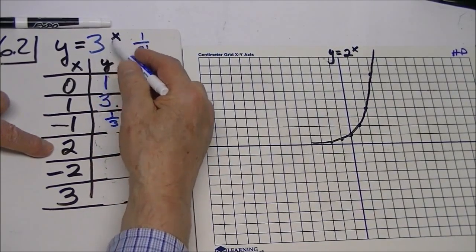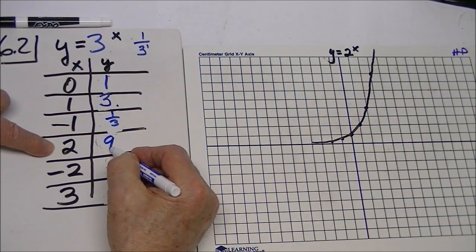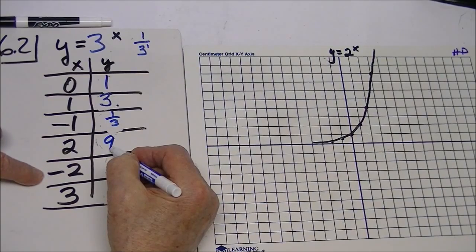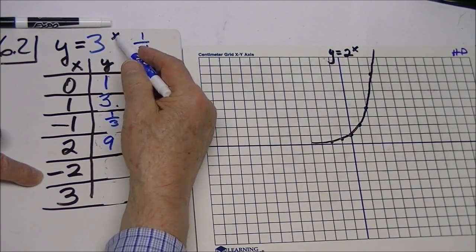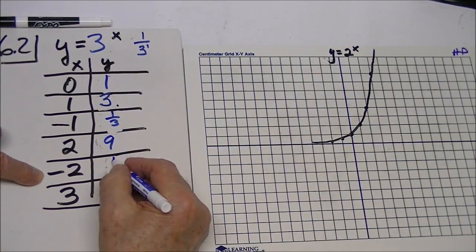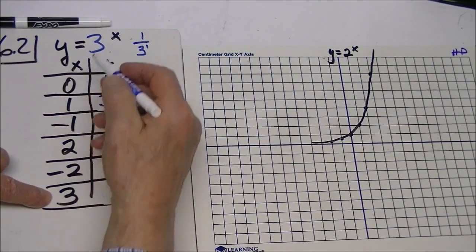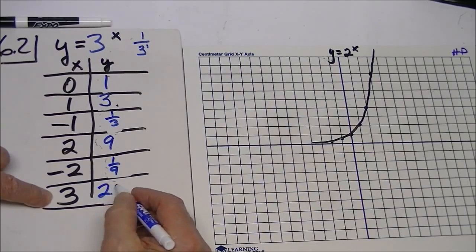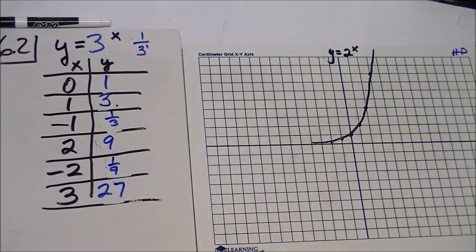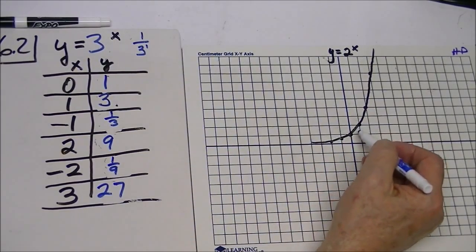Now, 3 to the second power is 9. And 3 to the negative 2 power is its reciprocal, 1/9. And 3 to the third is 27. So this is way off of our graph. But we may see a trend as we plot these.